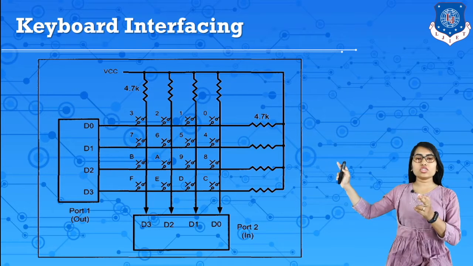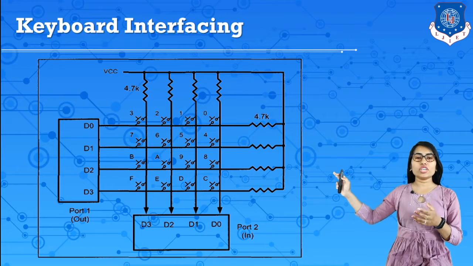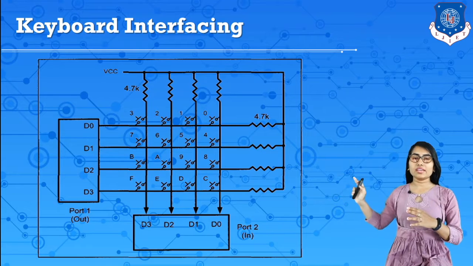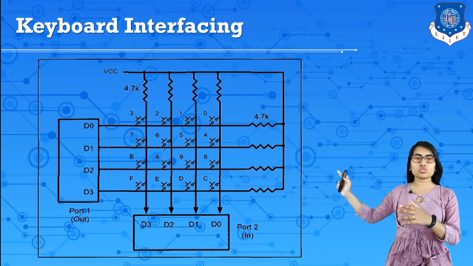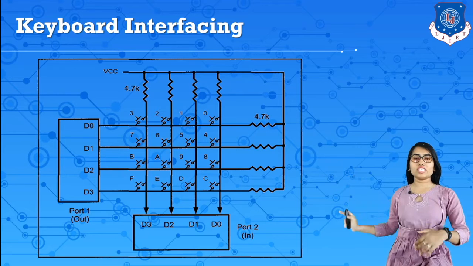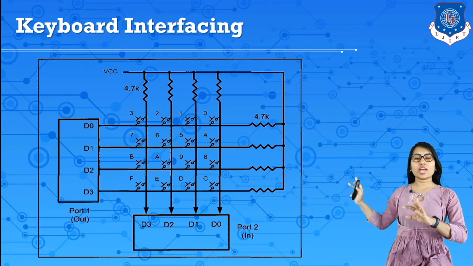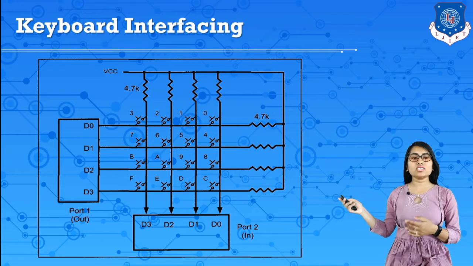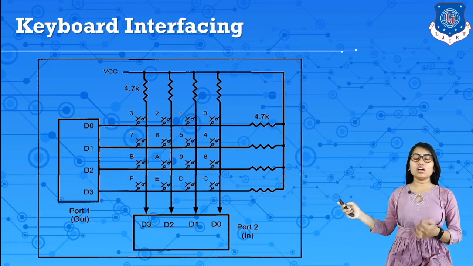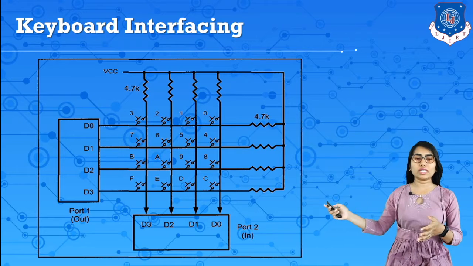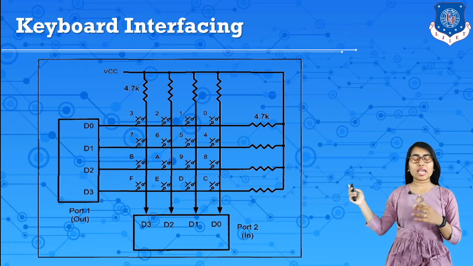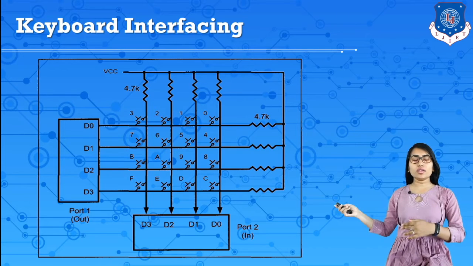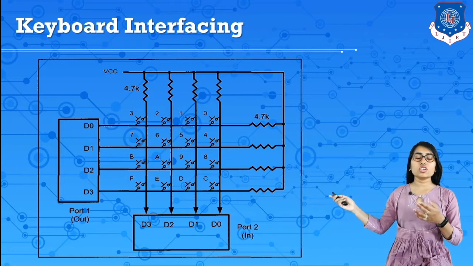Then if D1 equals 1 and D2 equals 1, there is a 6, so that means 6 is pressed. So this keyboard matrix configuration works according to the D0 to D3 numbers, any key can be pressed, and according to that we get our data or numbers on a display device with AVR.